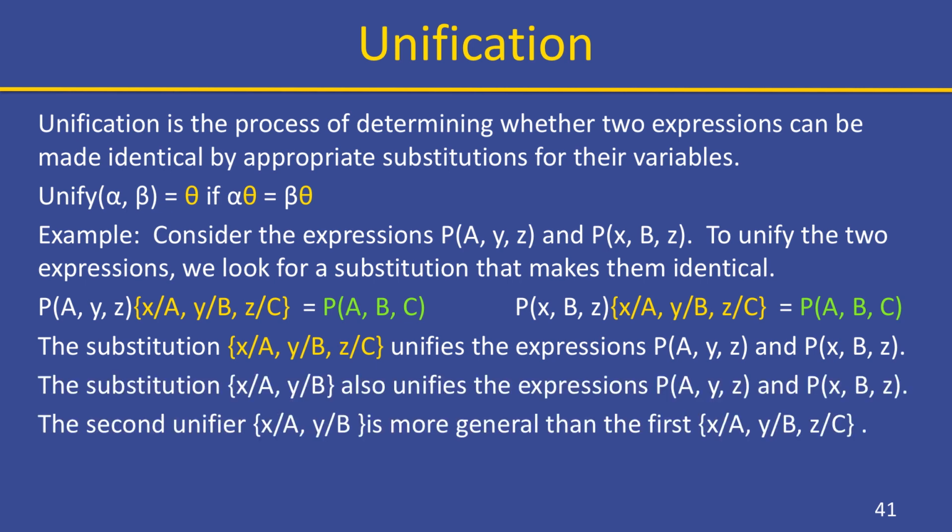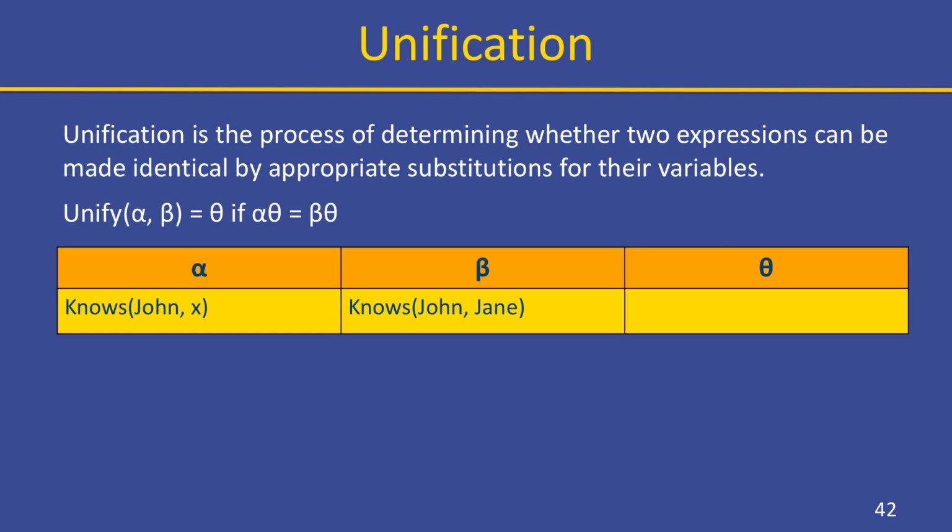So both of these, X by A, Y by B, and Z by C, and X by A and Y by B are unifiers for these two expressions. Now the second one is more general than the first one.